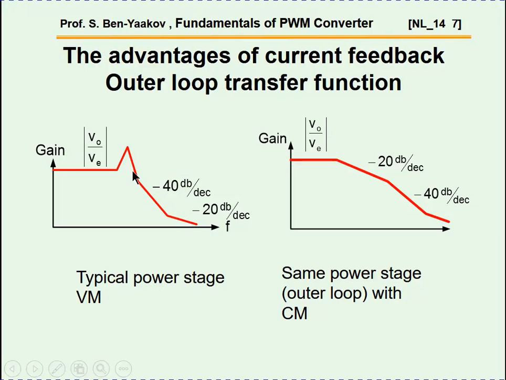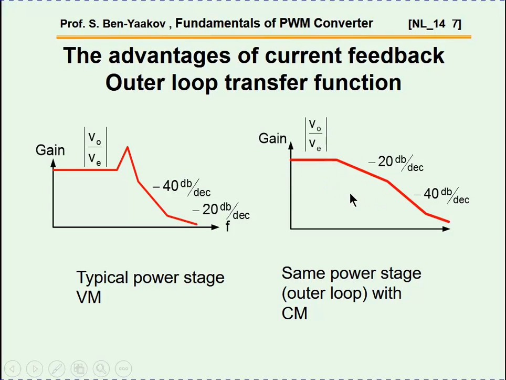This portion then is the one that we usually will close the loop at, that is the crossover will be somewhere here, and since it is minus 40 dB per decade, it will require a double zero type of controller.